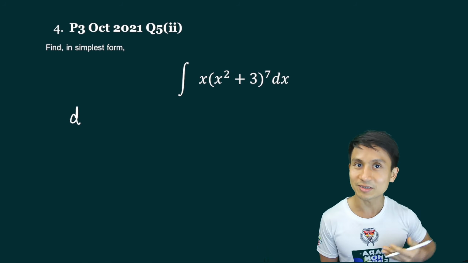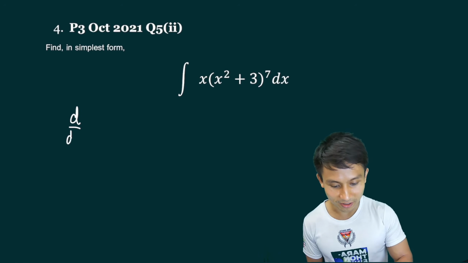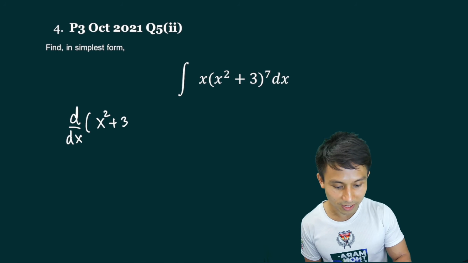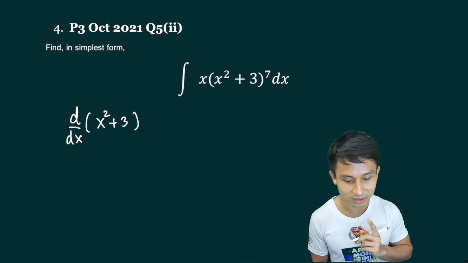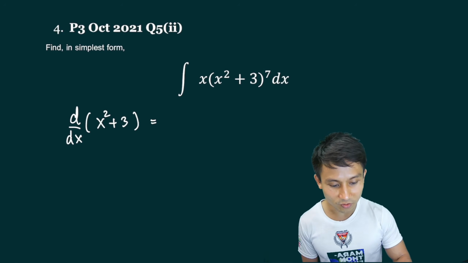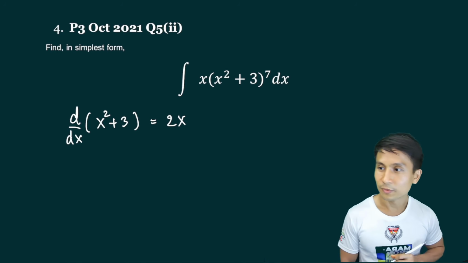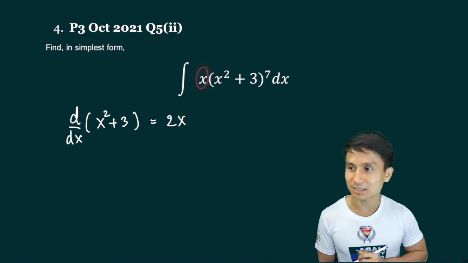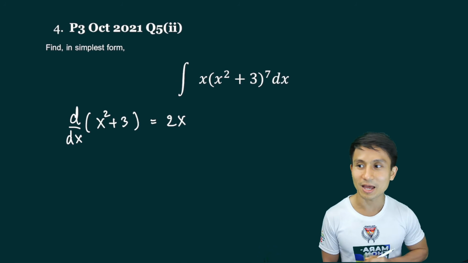If you want to make this simple, maybe I'm going to show you how here. So you differentiate the inner function, everything inside, without the power. Okay? Yeah, that's the inner function. And then what do you get? You get a 2x, right? Simple. Now again, 2x is not exactly x. You need to multiply it by a half, right?